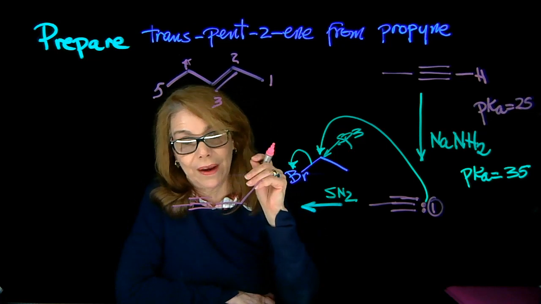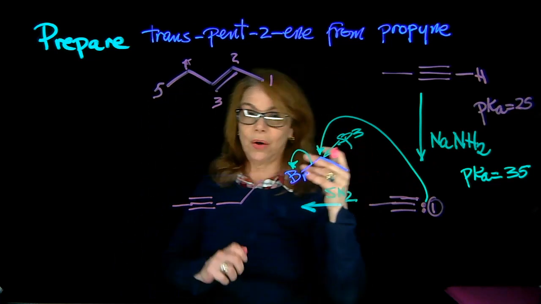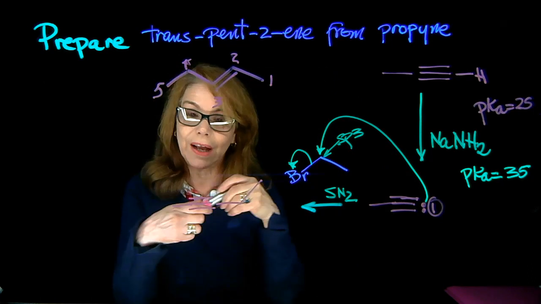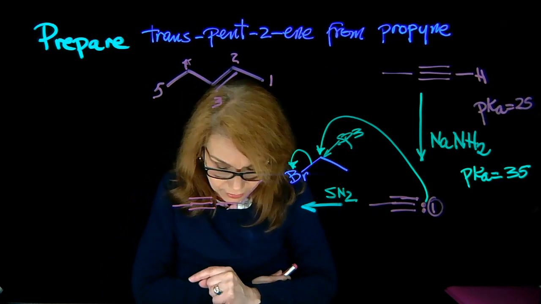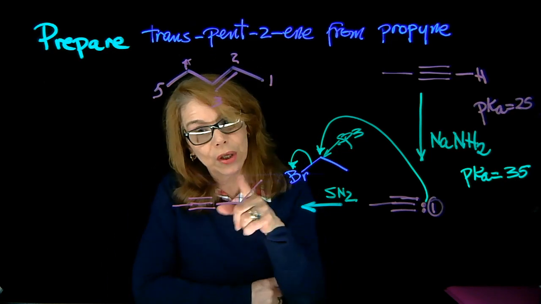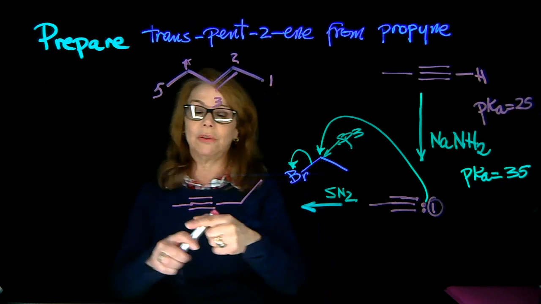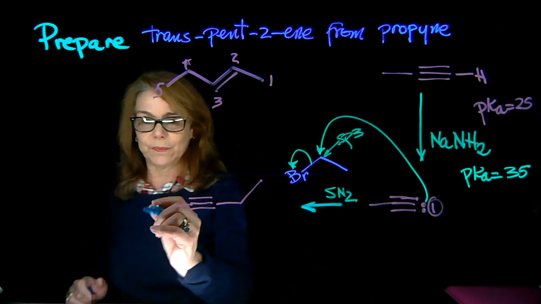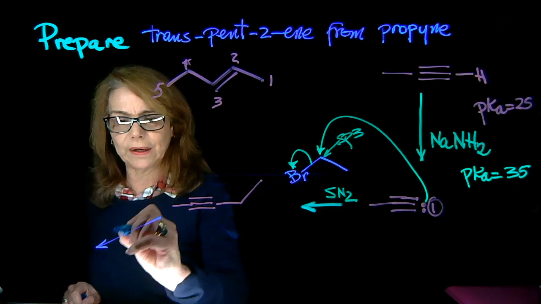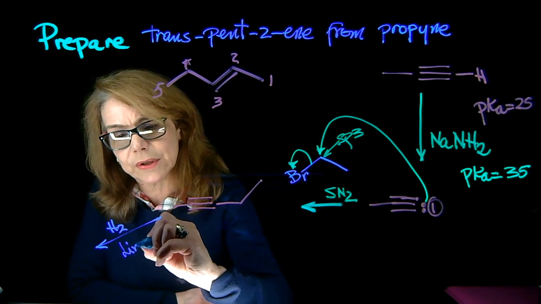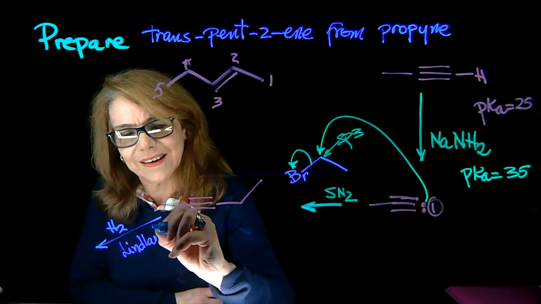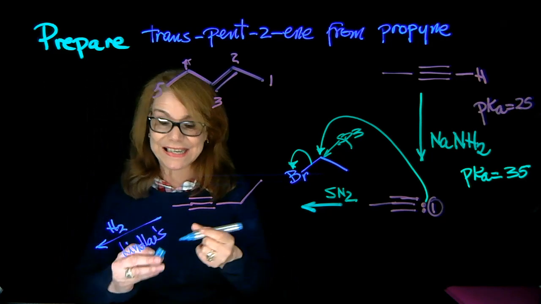Let's remember there are a couple of reactions that allow us to do partial hydrogenation of alkynes, but we need to use the one that will give us the right stereochemistry. If we use, for example, Lindlar's, let me write that down. If we do a hydrogenation with a poisoned catalyst, which is Lindlar's, we will get the cis alkene.